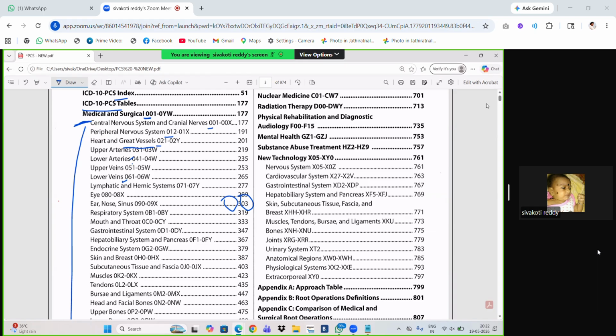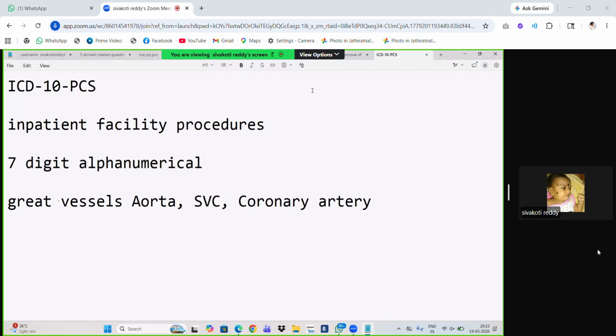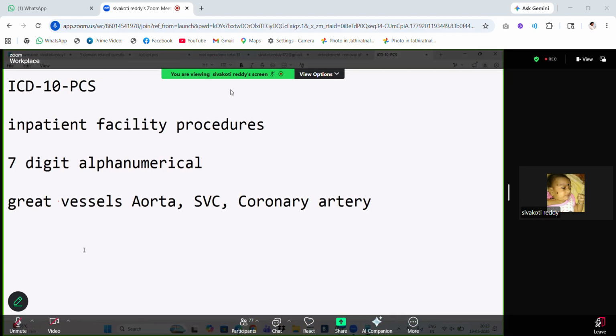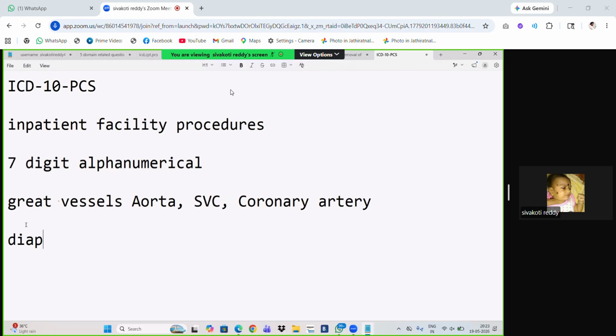So how can we divide the upper and lower, whether arteries or veins? What is the midpoint? The diaphragm is the midpoint, guys, to divide upper and lower arteries. Where will the diaphragm be located? Below the ribs and the lungs.